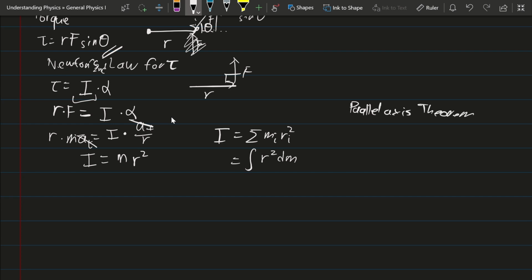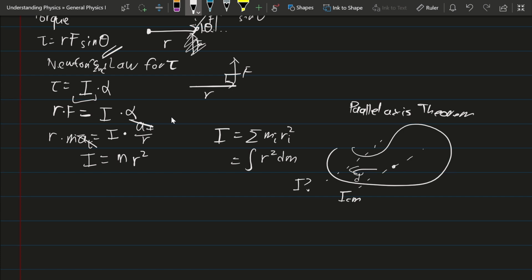So let's say I have an object and I know its center of mass, and I am spinning it in the axis that contains the center of mass, and I know the moment of inertia about the center of mass. The question is, if I move this axis to, let's say, this place with a vector d, what will be its moment of inertia?